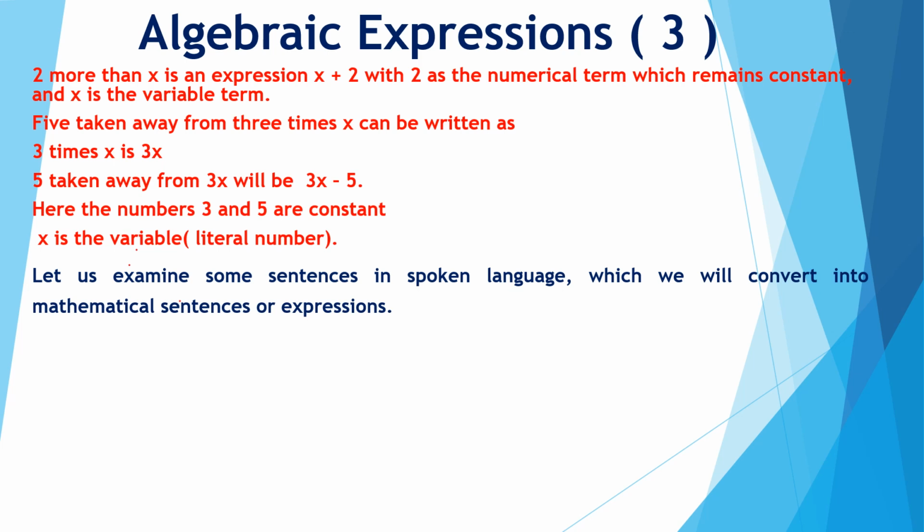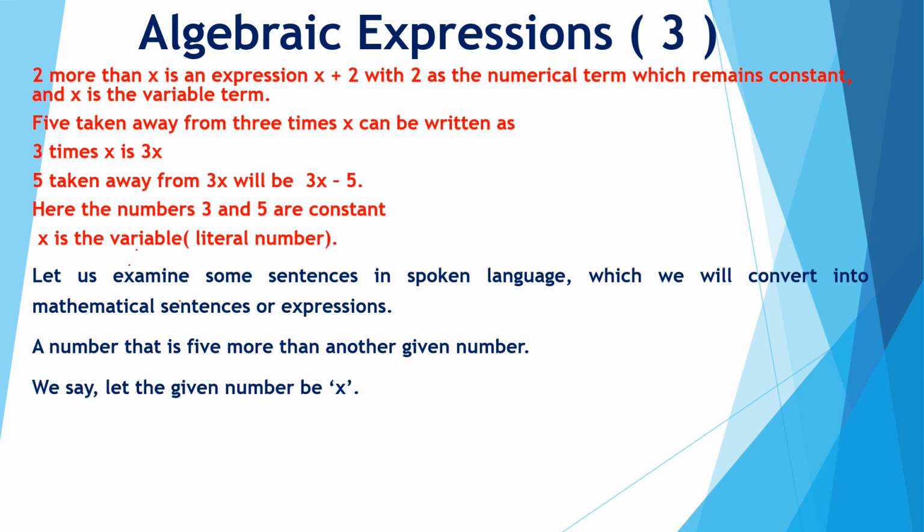Let us now examine some sentences in spoken English language, and we will convert these into mathematical sentences or expressions. A number that is 5 more than another given number. Let us say that the number given is x.